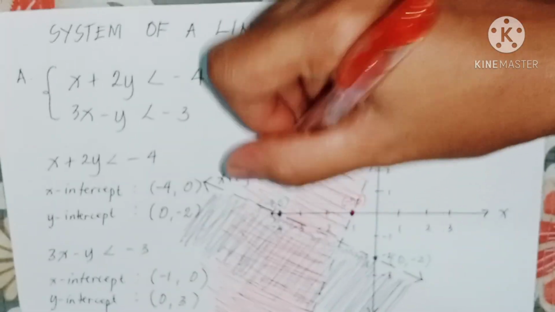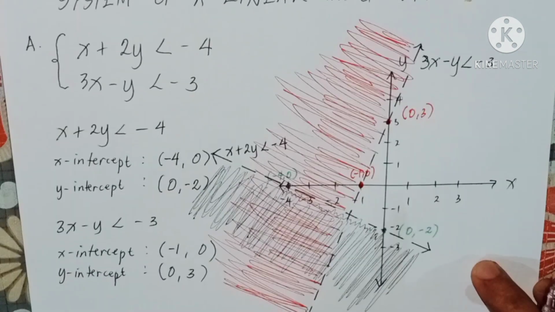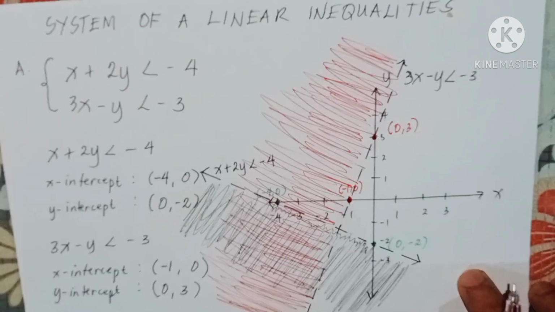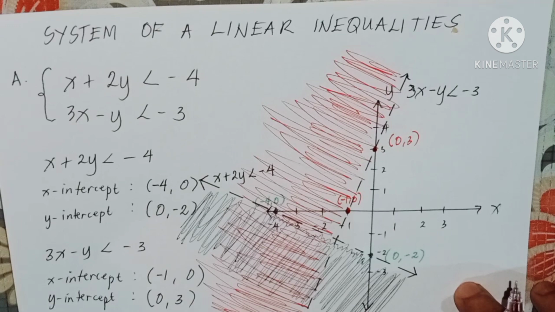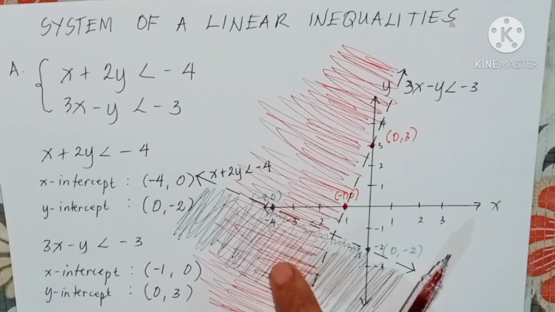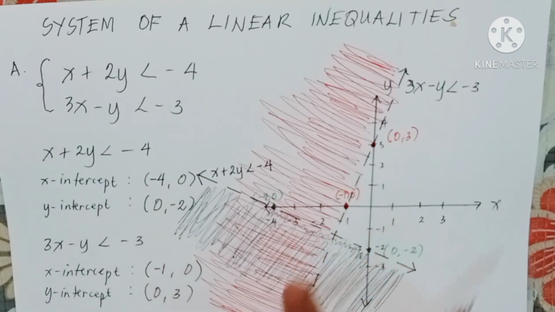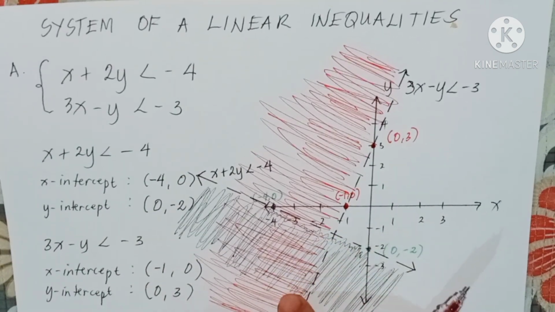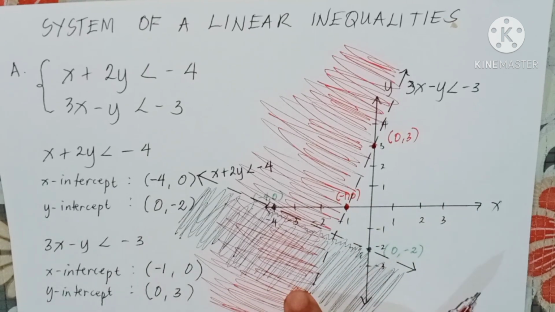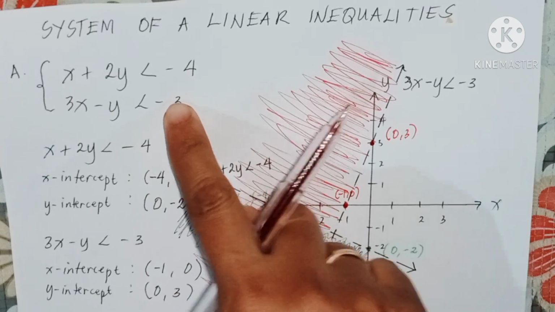Okay. So in the system of linear inequalities, you have noticed that there is double shaded here, this part. So this part indicates that this is the solution of the system of linear inequalities.